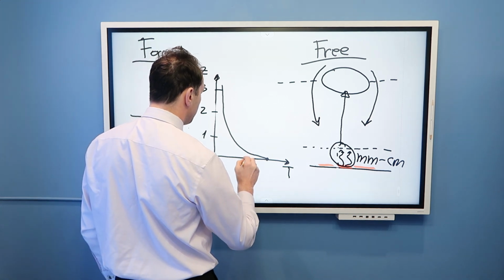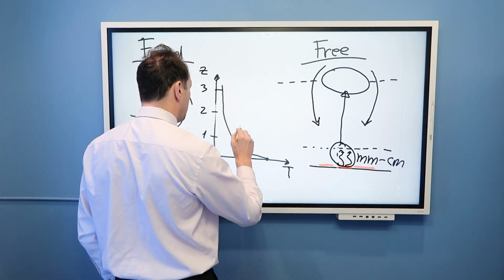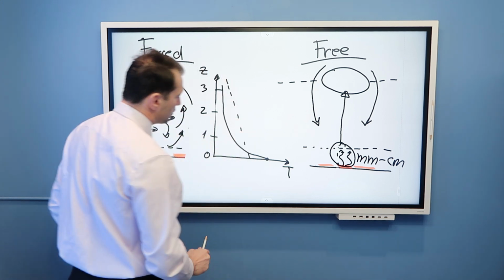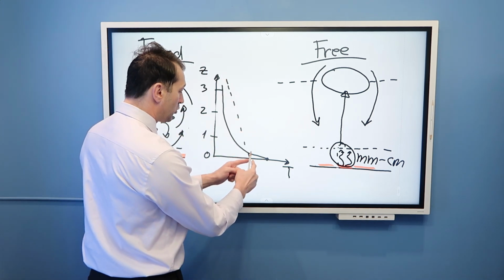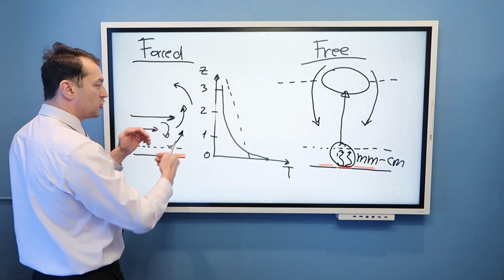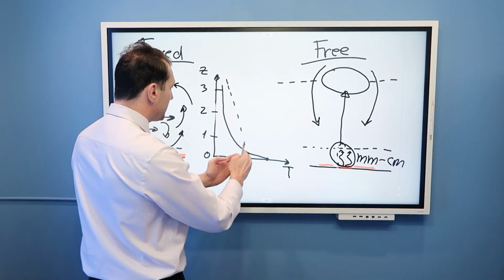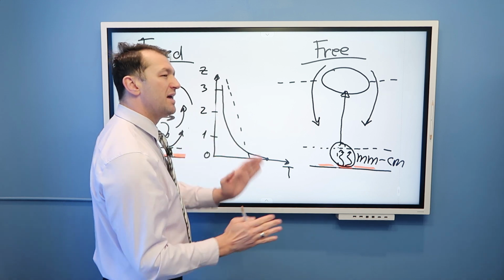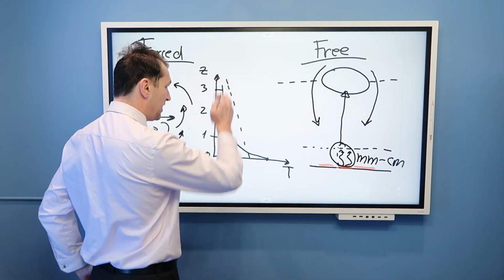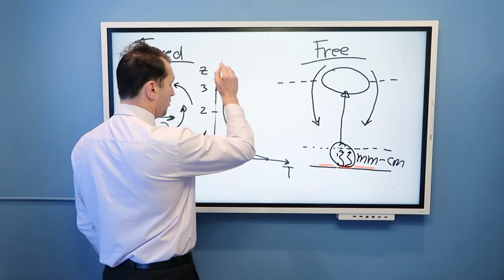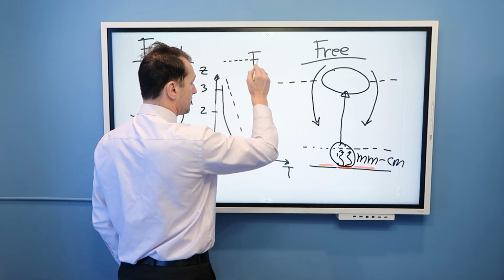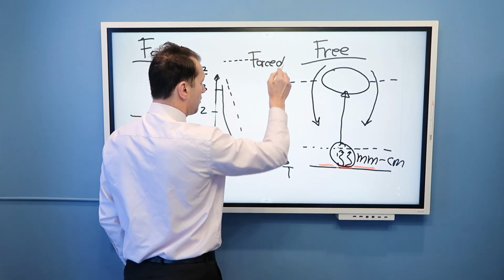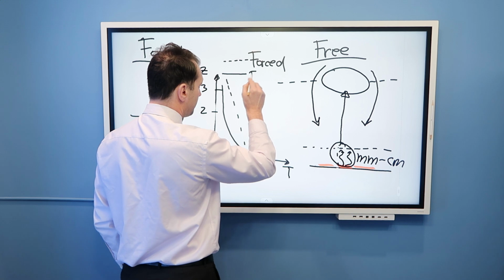Well, perhaps something like this. So the surface will be somewhat colder because the mixing is so good that it kind of makes the temperature profile almost independent of height, but not quite. Temperature still tends to decrease with height. So this is forced convection and the full line is free convection.